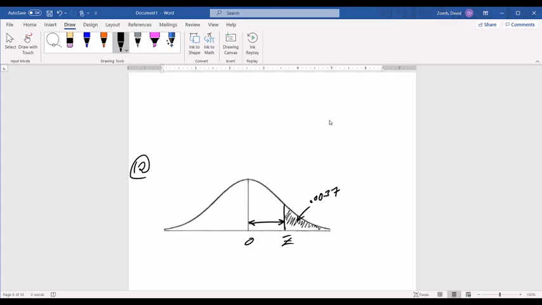So I have 1/2 without this, and that will tell me how much remains right here. So first take 1/2 minus 0.0037. Do the math. And they gave me 0.4963.